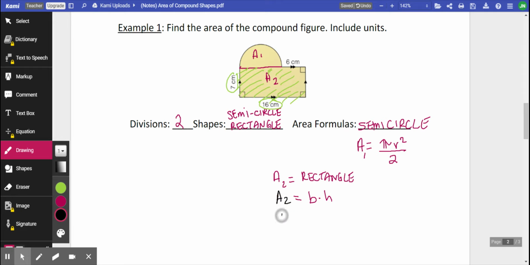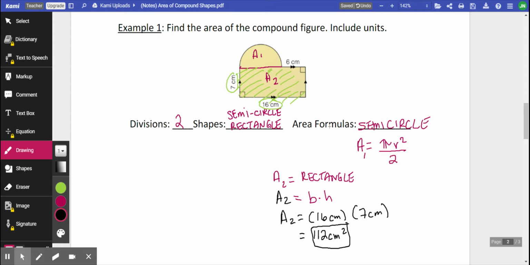Area 2, the area of the rectangle, is 16 centimeters multiplied by 7 centimeters. So 16 times 7 is what I plug into my calculator, and I get 112. So area 2 is equal to 112 centimeters. Don't forget that these are centimeters squared.